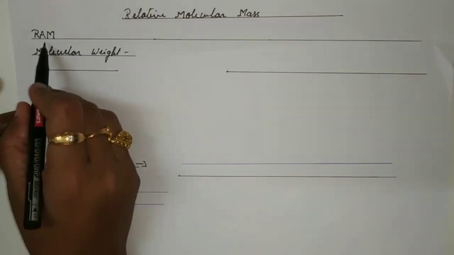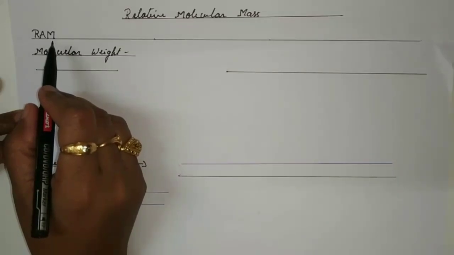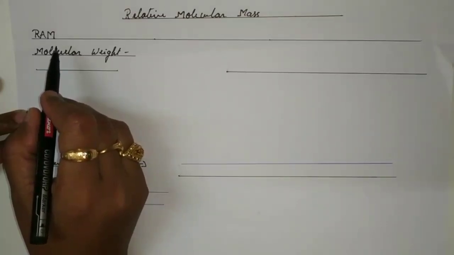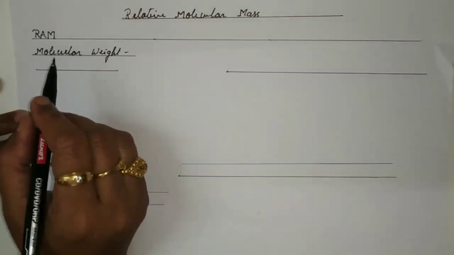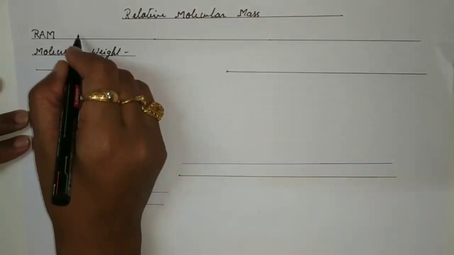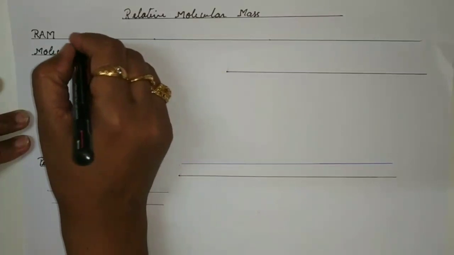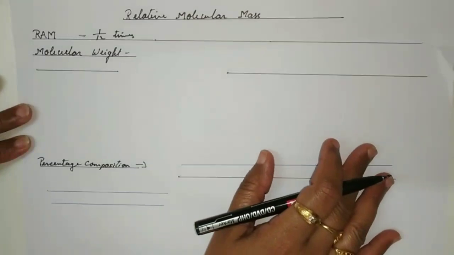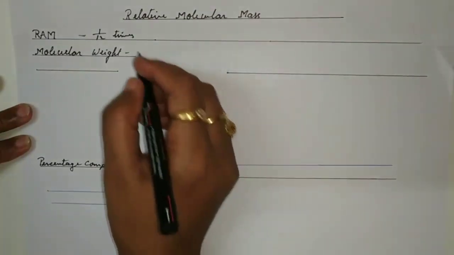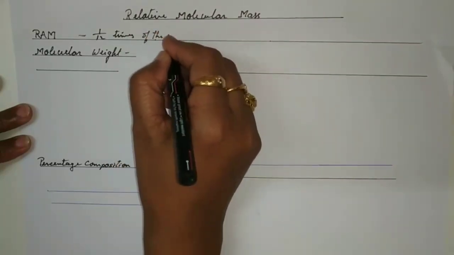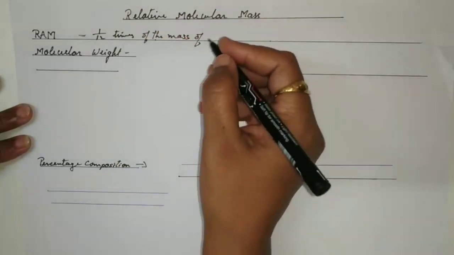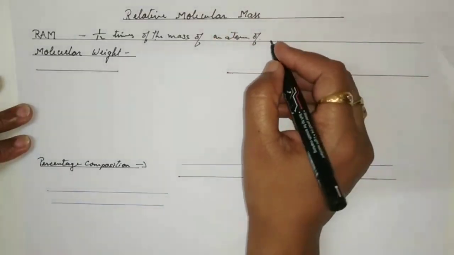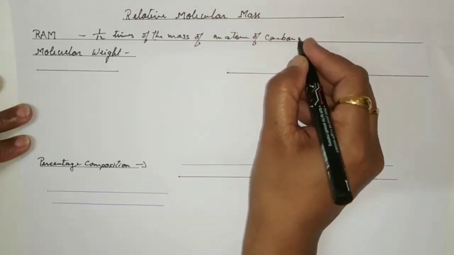Relative atomic mass is the atomic weight, and it is the number of times one atom of an element is heavier than 1/12 times the mass of an atom of carbon 12.